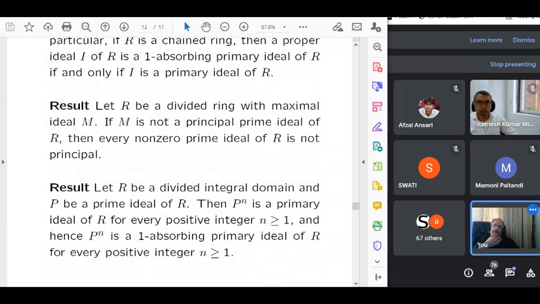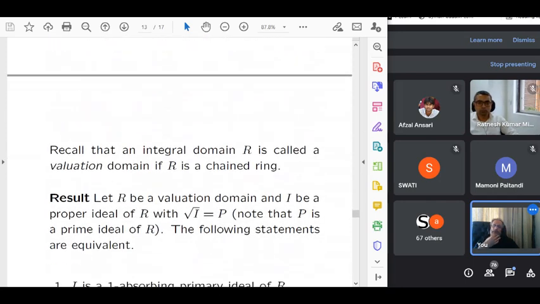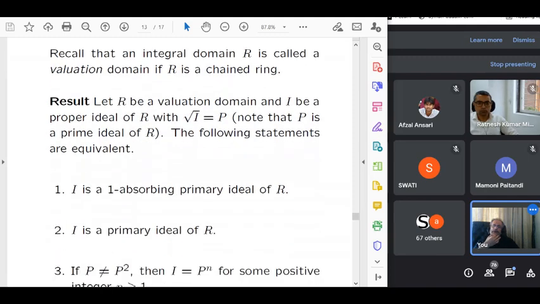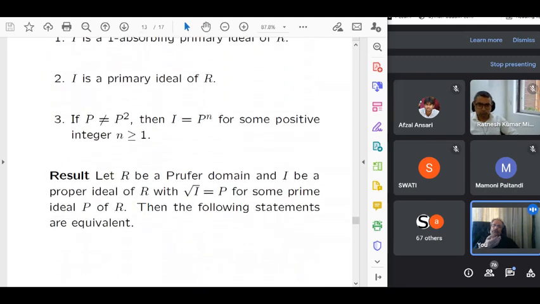Okay, all right. I think I told you this result will follow from the divided ring. If you have a valuation domain, then these two concepts are the same, so there is nothing there.